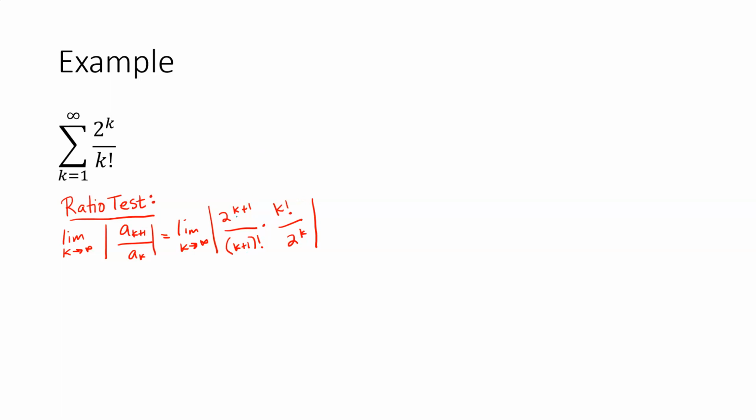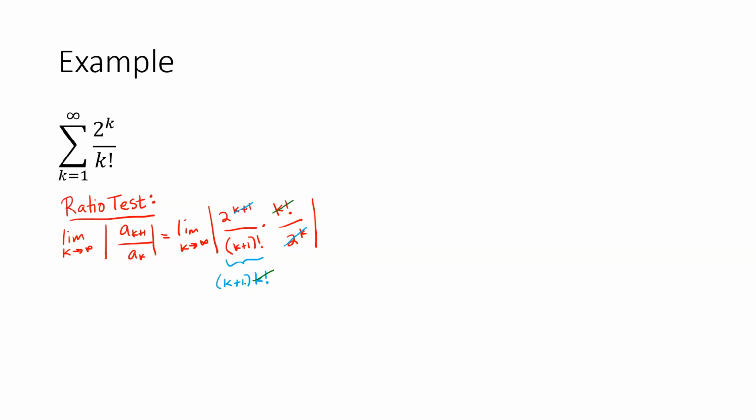Notice that the 2 to the k divides with the 2 to the k plus 1 up here. So the powers divide, and I'm left with a 2 in the numerator. And remembering that for k plus 1 factorial, we can always write that as k plus 1 times k factorial. After doing that, we can divide out the k factorial here and here.